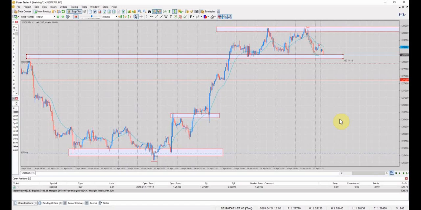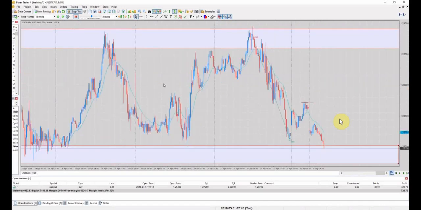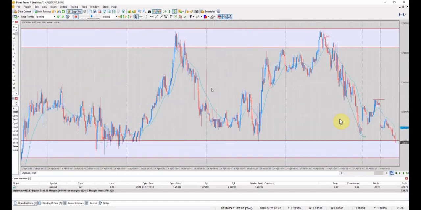So let's see if this resistance that turned into support can hold the price action. Let's see as well. Me and Joes will analyze the selling pressure once we move the price action to the next candle.